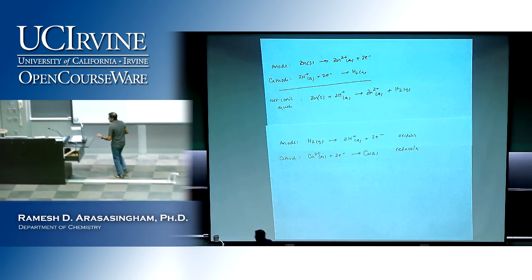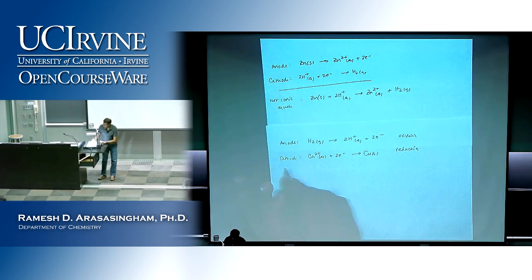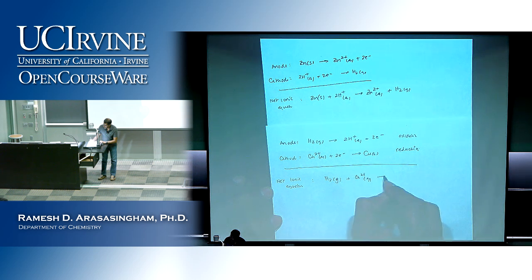And you can see that the net ionic equation would be where you have hydrogen gas plus copper 2 plus aqueous, giving you 2H plus aqueous plus copper solid.